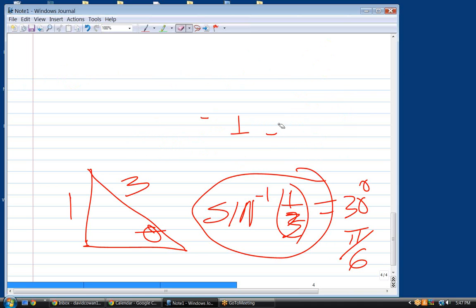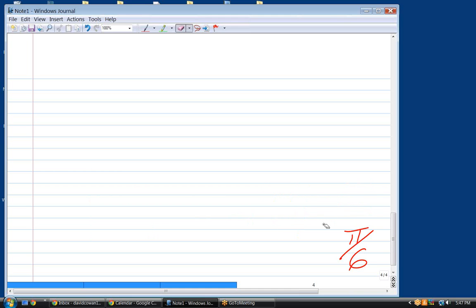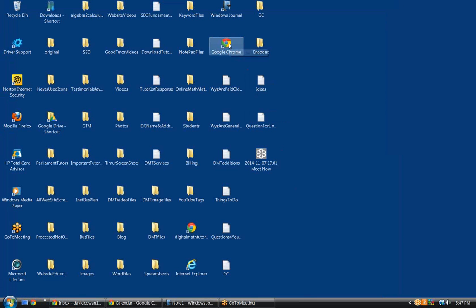So back to your problem now. What was it? The inverse cosecant of 1.26 to the nearest minute. Okay. Got to go in your calculator to do that. I think I can do it on Wolfram Alpha.